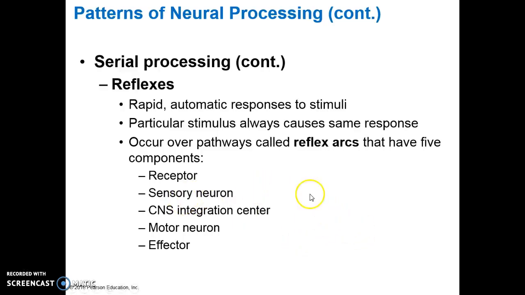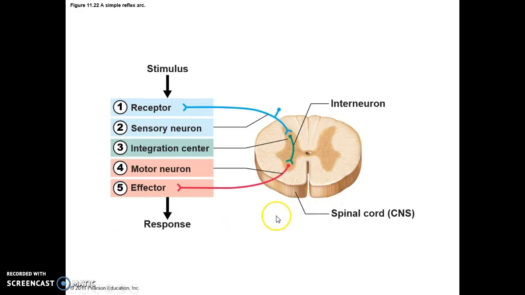So reflexes, what are these? Let me show you the picture here. We have a stimulus here. Let's say this is a sensory stimulus, and there we have the receptor here, and then the impulse goes from the periphery into the central nervous system via the spinal cord by way of the dorsal root ganglia, dorsal root.